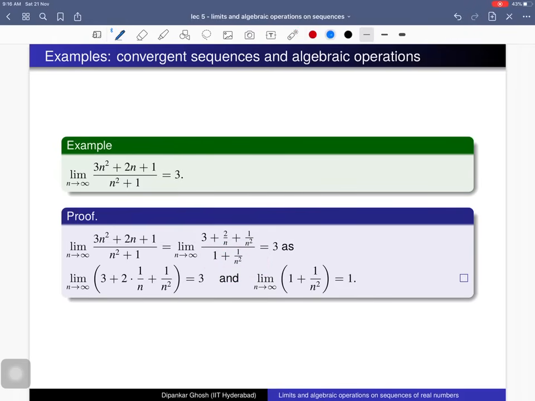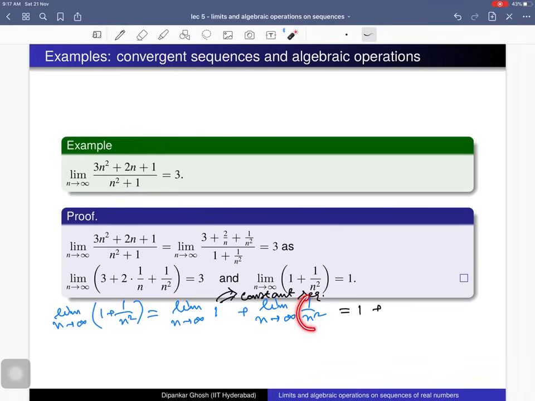So first we should find what the limit is. Limit n tends to infinity of 1 by n square, what is that? One can think of it as a sum of two sequences. This is a constant sequence, so its limit is 1. So this is 1 plus this one again, so directly one can verify that this limit is 0, or in other words, using the theory again we can split it as a product of these two sequences.